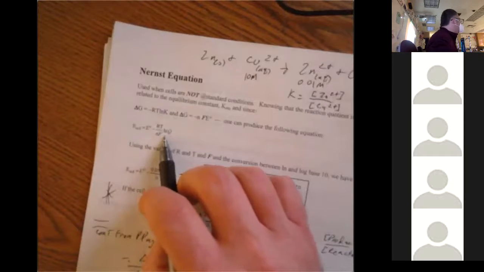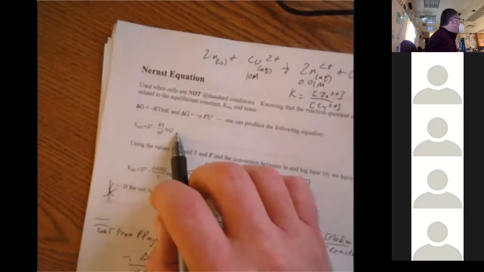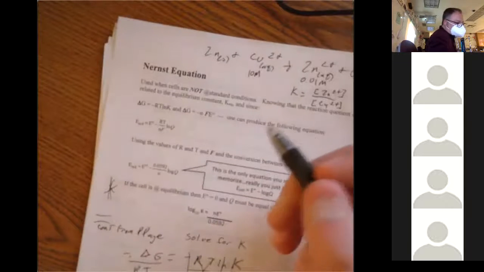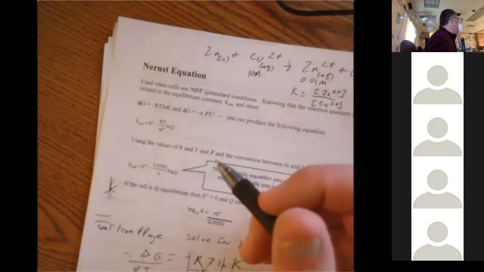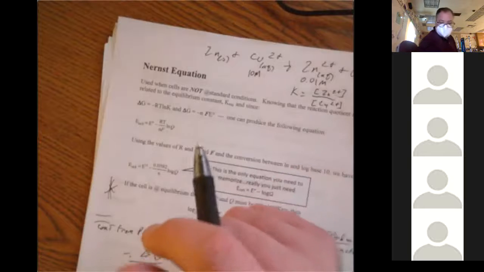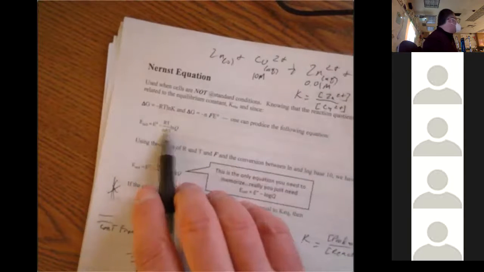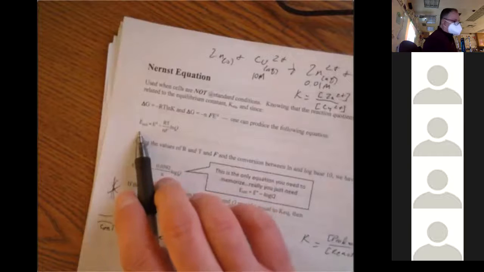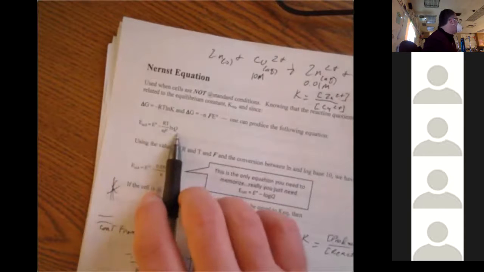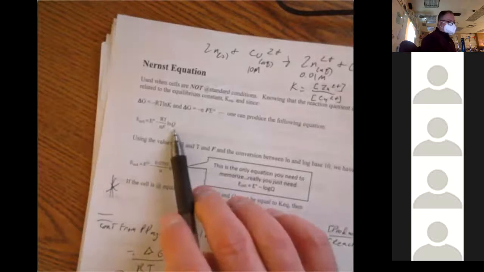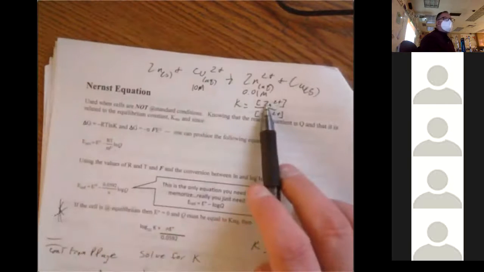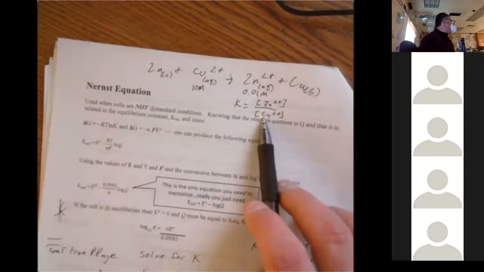If Q is greater than 1, the natural log will be what? Right. So that means that we will be subtracting a number. And if Q is less than 1... remember, Q is products over reactants.